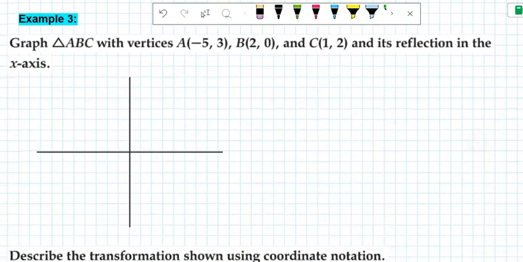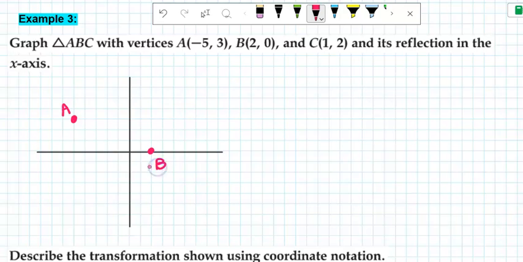Okay, so graph ABC. So we're going to graph that to start. A is at -5, 3. B is at 2, 0. And C is at 1, 2. All right, so a nice little obtuse triangle there.